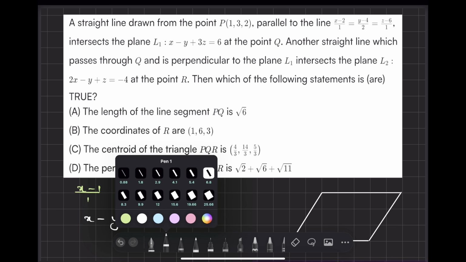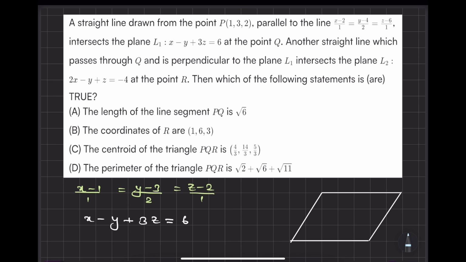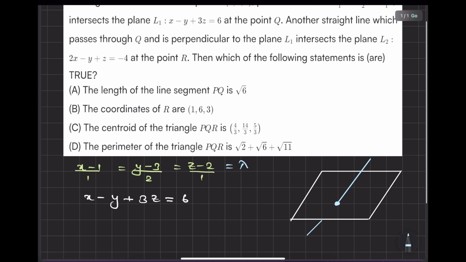That is the point of intersection. So at this point both the line and the plane are equal. What we will do is imagine a point on the line because it is tough to imagine a point on the plane, and then we will satisfy it on the plane.